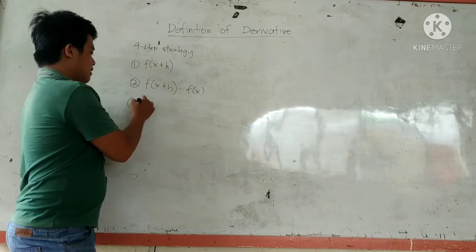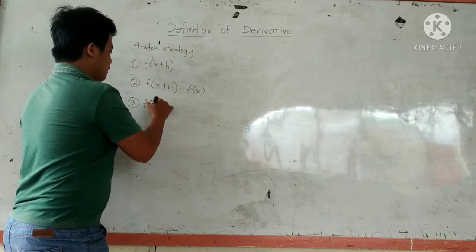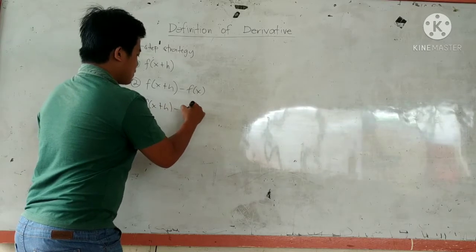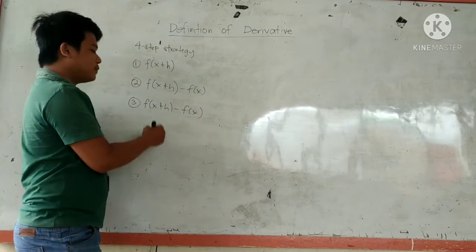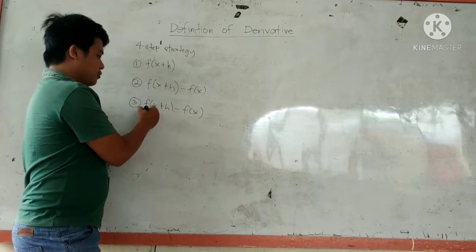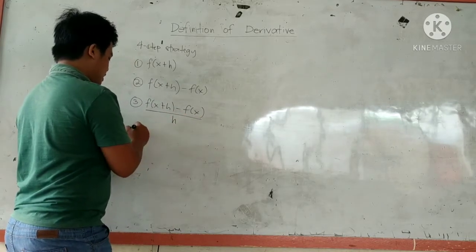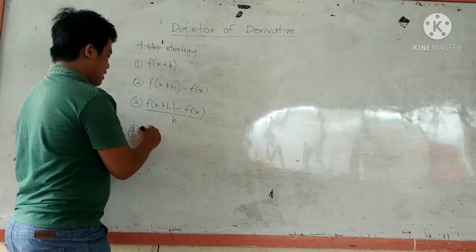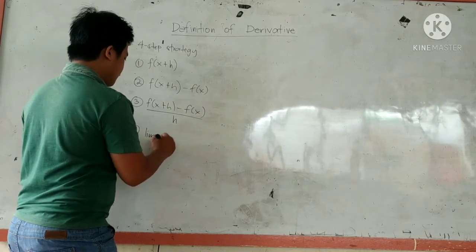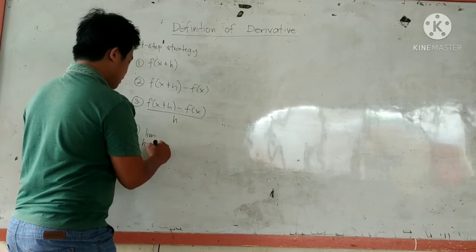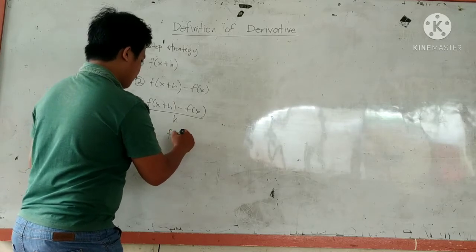And then the third one, from the difference of the two functions, we are going to divide by h. And then the fourth one, the last one, we are going to apply the limit as h approaches 0 of this quotient.